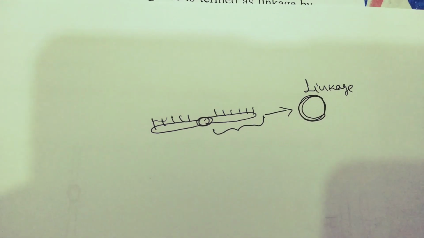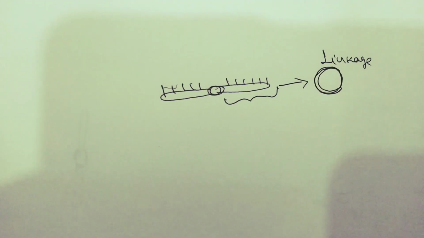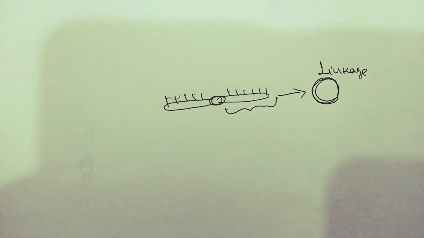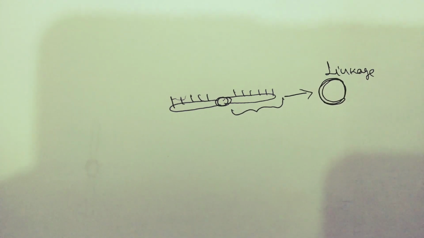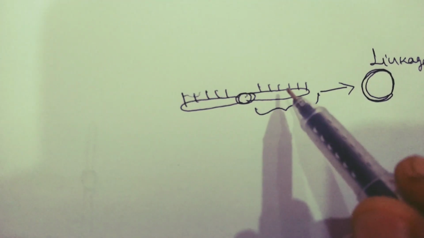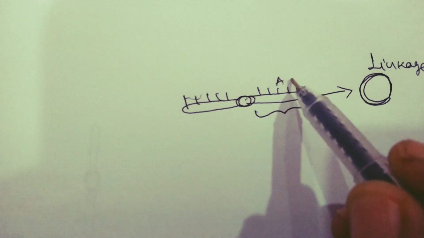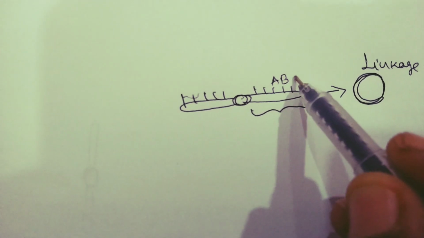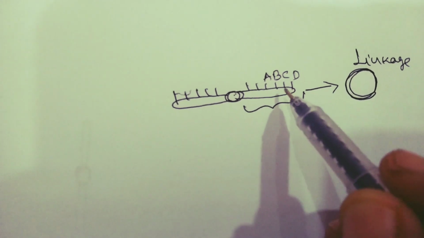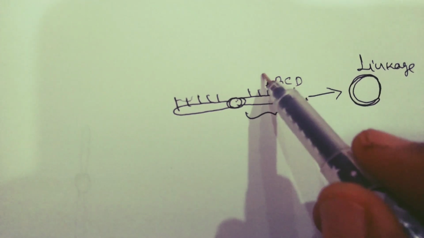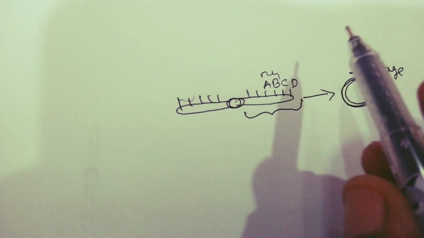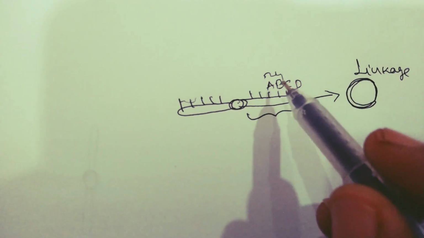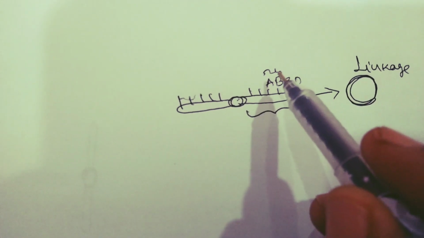Morgan says that the strength of linkage depends upon the distance between the linked genes. Imagine these four are the A, B, C, D genes; the linkage depends upon the distance between two genes.